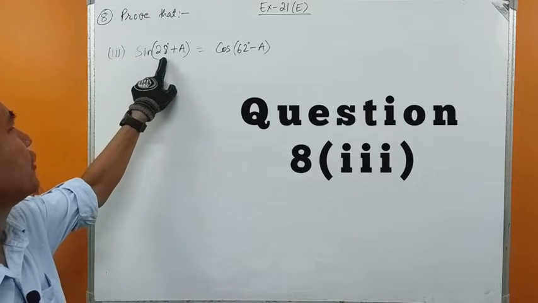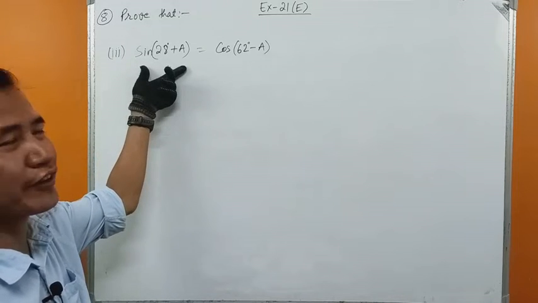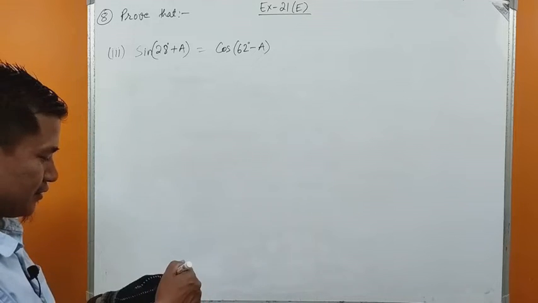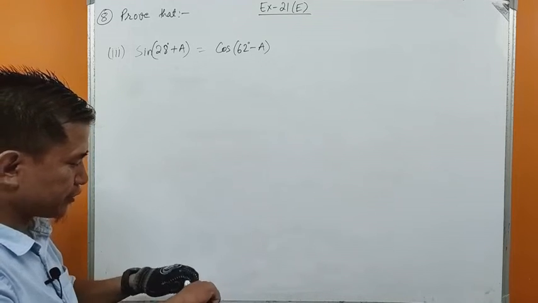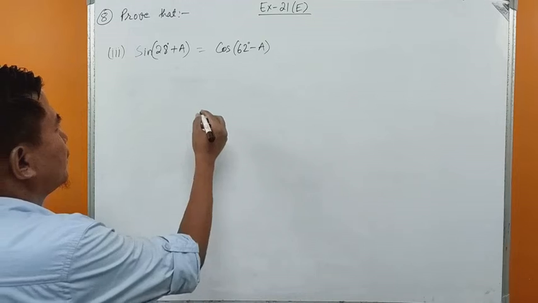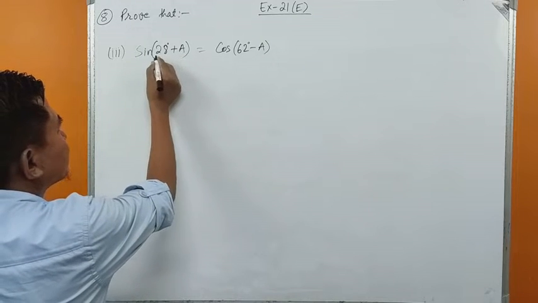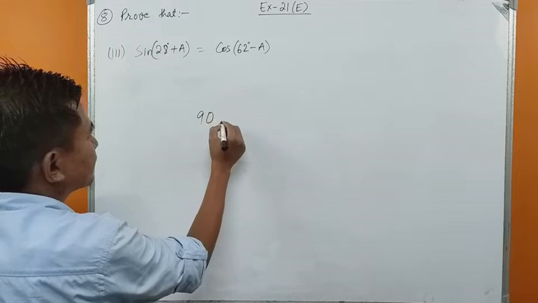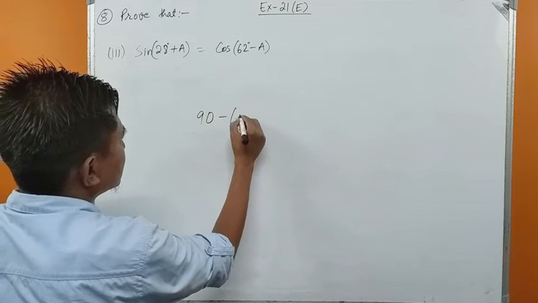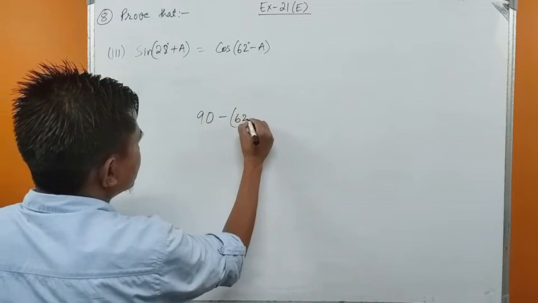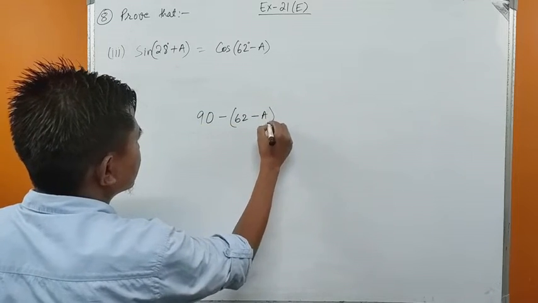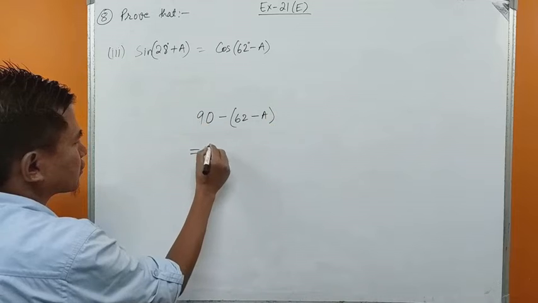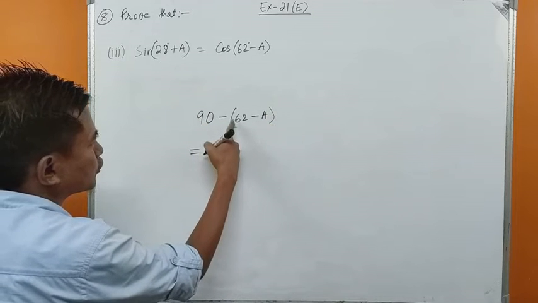We have sine (28 plus a) in the left hand side, and we are asked to prove this equals cos (62 minus a), isn't it? It is a similar type of question as we have done in 1 and 2. See, we have 28 plus a. The value 28 plus a should not change after subtracting from 90. So 90 minus (62 minus a). Let's check whether it gives this or not. This is 90 minus into plus.